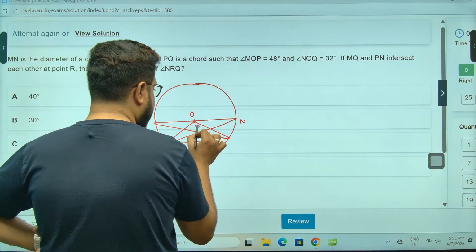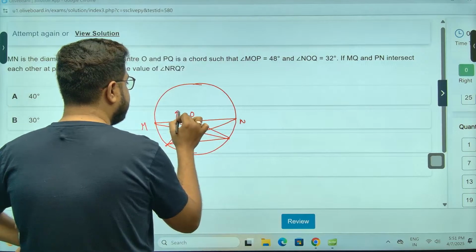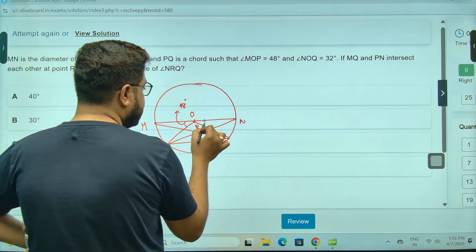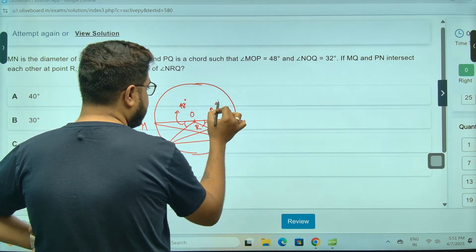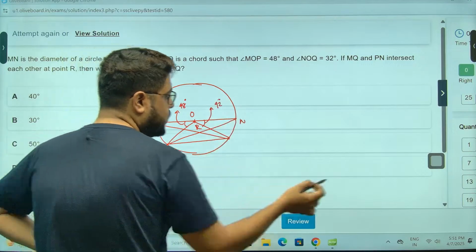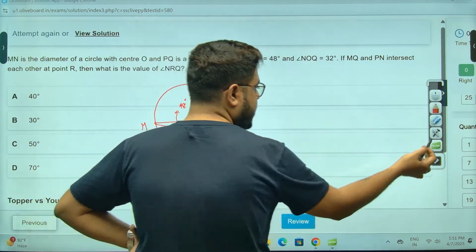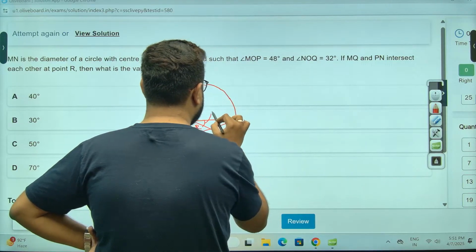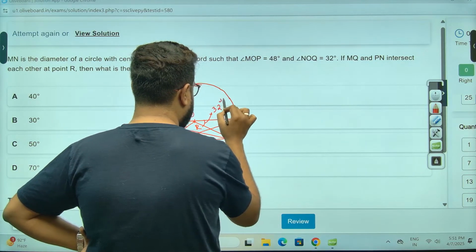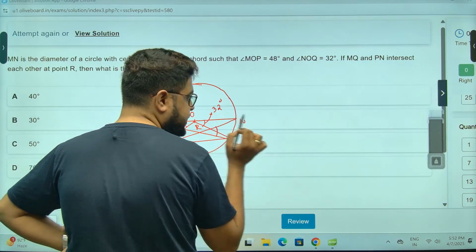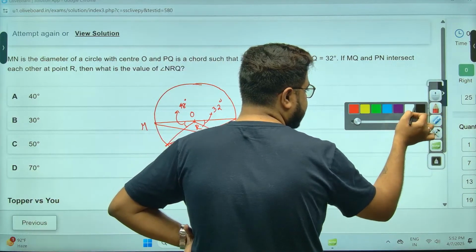Okay, this is our point. This angle is given as 48 degrees. This angle is given as 32 degrees. They're asking you to find this angle, sir.